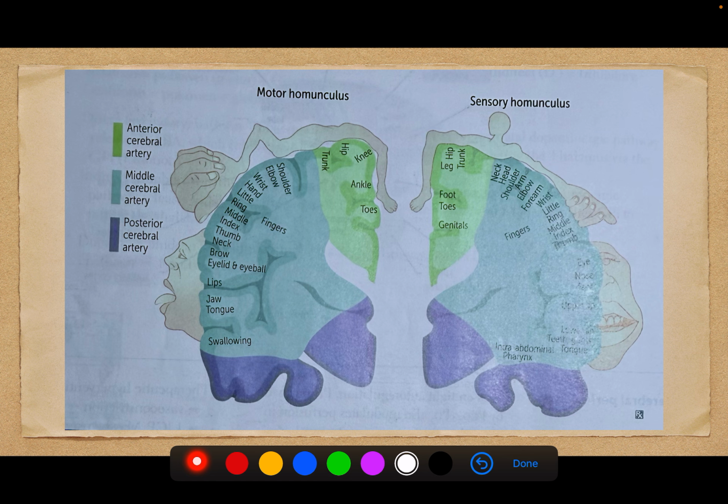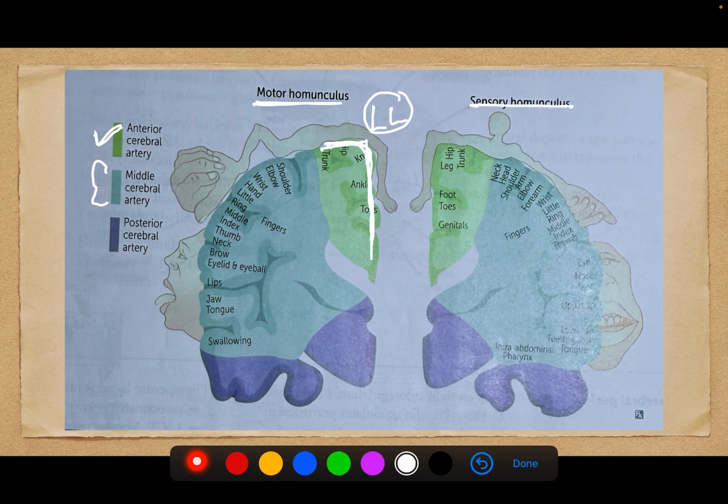If we look at the cerebral hemisphere, the anterior cerebral artery supplies mainly the medial aspect of the cerebral hemisphere, and in the motor as well as the sensory homunculus, this is the lower limb, right? So if there is an anterior cerebral artery lesion, the lower limb will be affected.